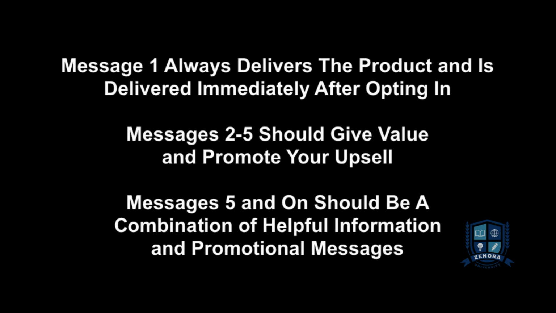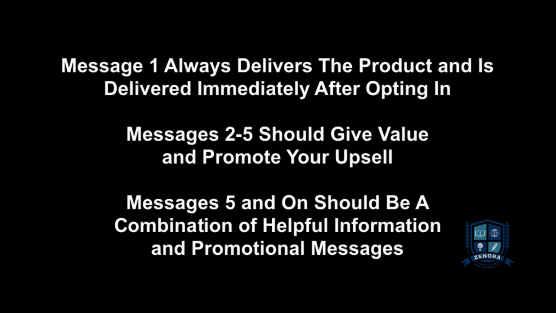Okay, messages 2 through 5, they should give some value, like reiterate some of the selling points of the product, reiterate a couple of the things that you've already given inside of your free report, and primarily promote your main upsell.